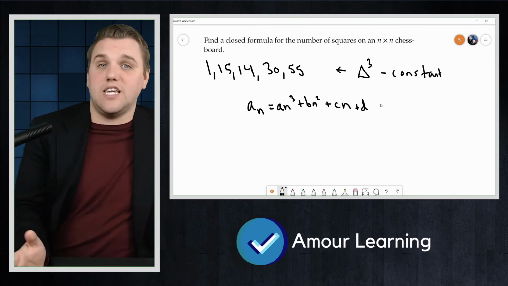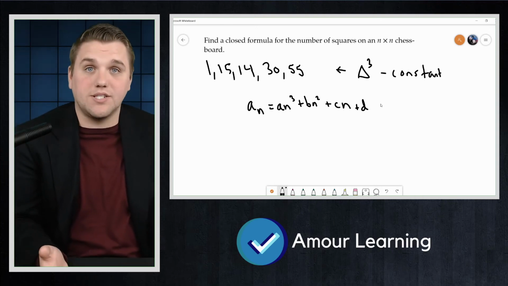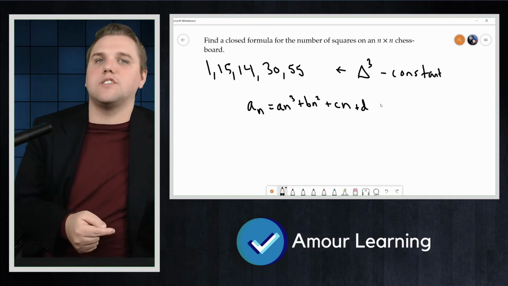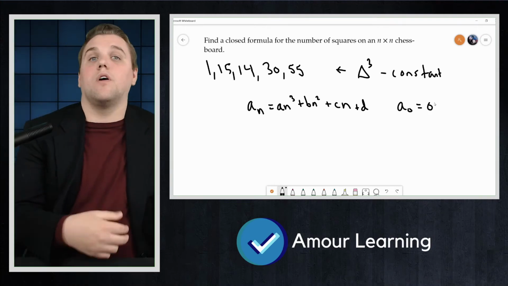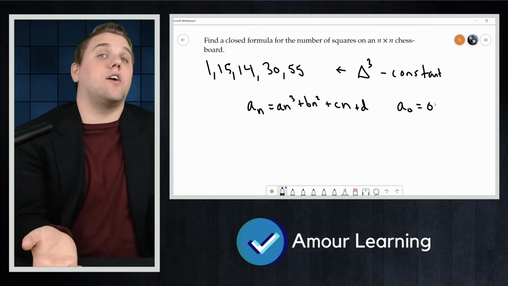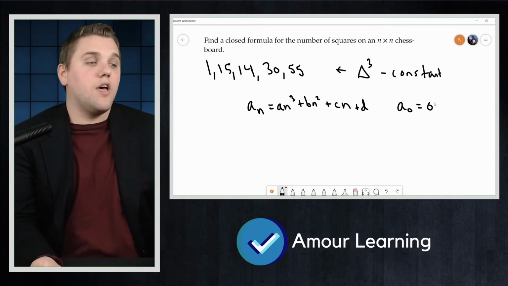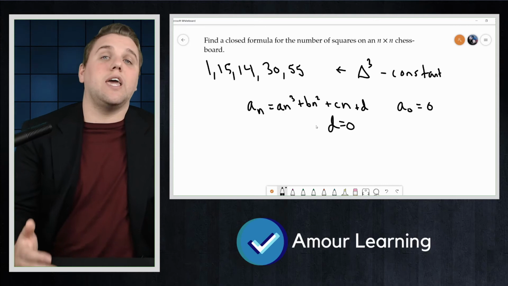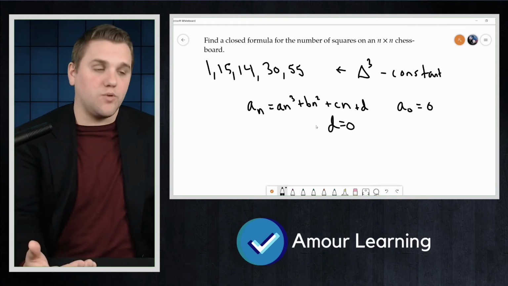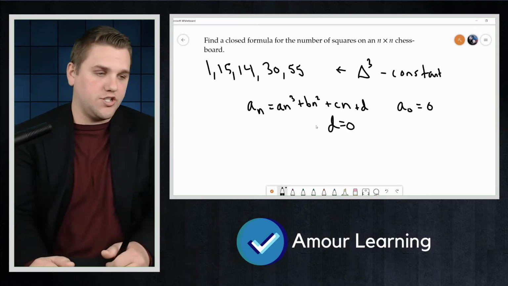We can find d if we know what a_0 is. Working backwards from the third differences, we find that a_0 equals 0, unsurprisingly, since there are no squares on a 0 by 0 chessboard. Thus, d equals 0. Okay, so now let's plug in n equals 1, n equals 2, n equals 3, and we get 3 equations here.